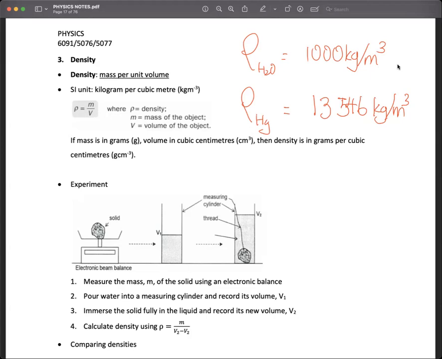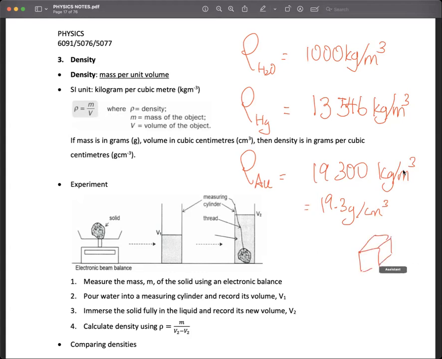What other example? Gold. The density of gold is 19300 kilogram per meter cube. So can you imagine? This is the same as 19.3 gram per cm cube. So imagine you have a cube, 1 cm throughout.